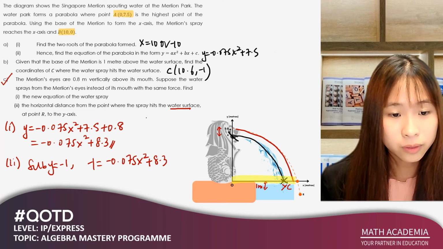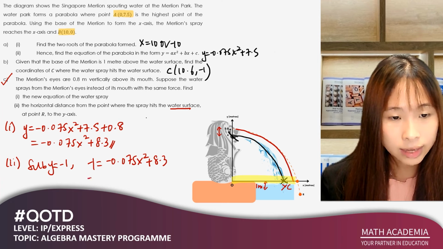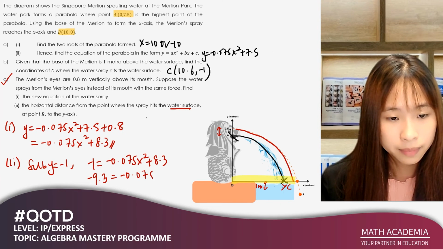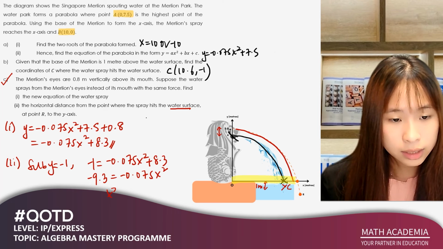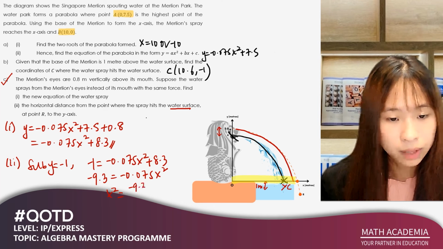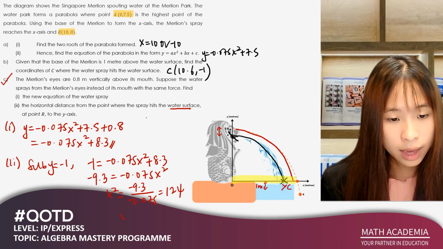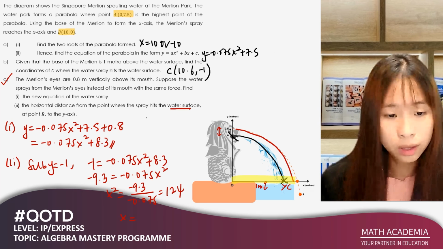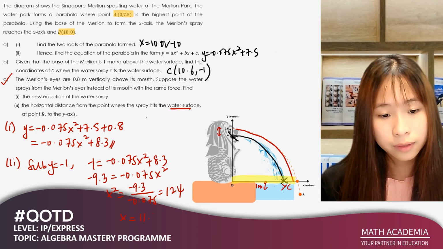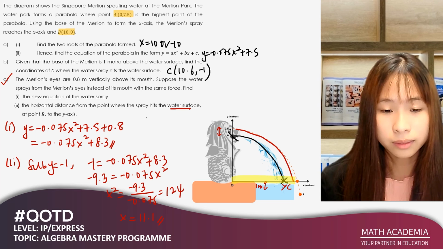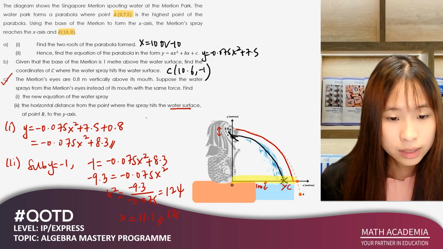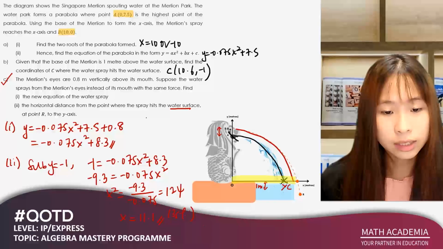Bringing the 8.3 over to the other side, I get negative 9.3. x squared is negative 9.3 divided by negative 0.075, which is 124. x will be the square root of 124, rounded off to 3SF is 11.1. So the horizontal distance is 11.1 meters.